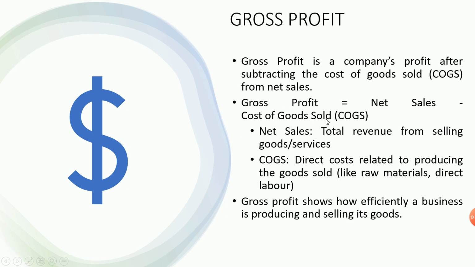And cost of goods sold: the direct cost related to producing the goods sold. Taking the movie example, in a production, right from the start, the puja function, till the final distribution.